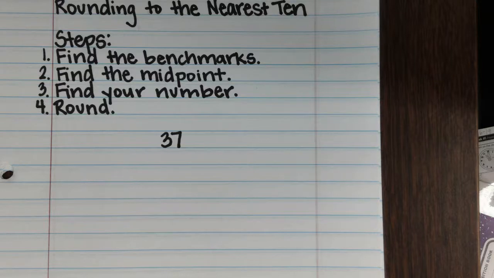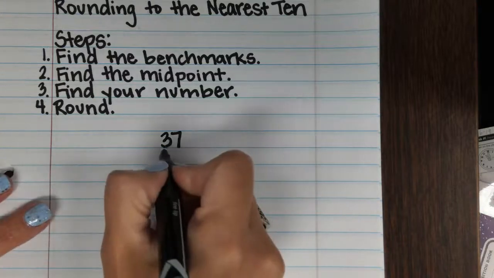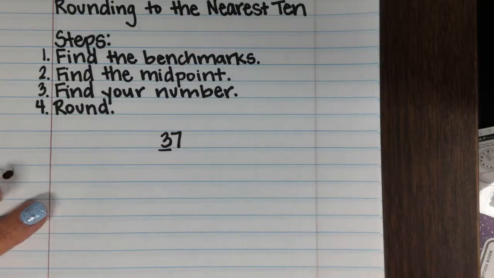All right, let me ask the question one more time. I did not say the value. I said what digit. Let's try that again. Secret signal when you know what digit is in the tens place. Put your answer in your hand. Let's release. 3. Very good. The 3 is in the tens place. Would you underline the 3 in the tens place, please?